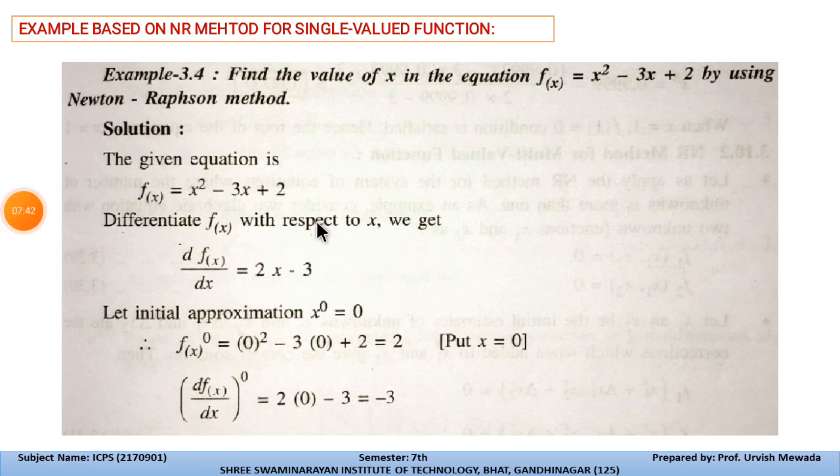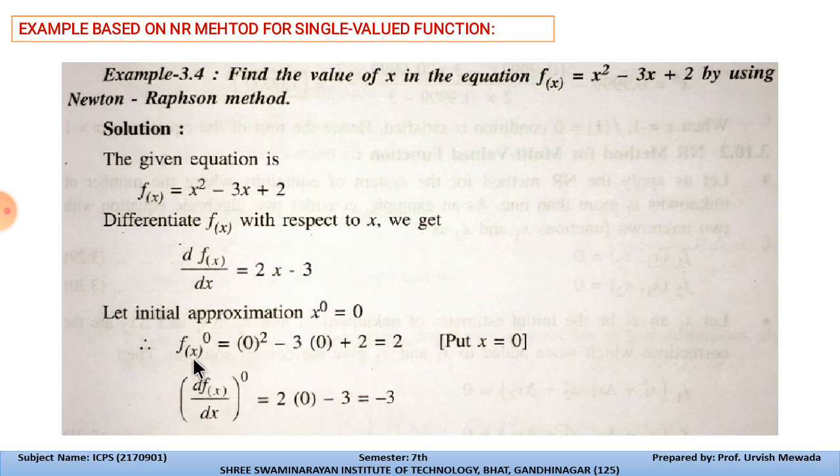Here we differentiate f of x with respect to x. So d by dx of f of x is equal to 2x minus 3. This is the value after the differentiation. Now let the initial approximation be x raised to 0 equal to 0.